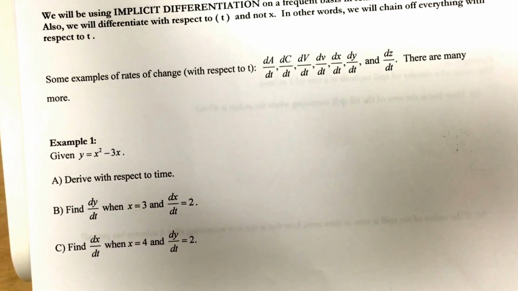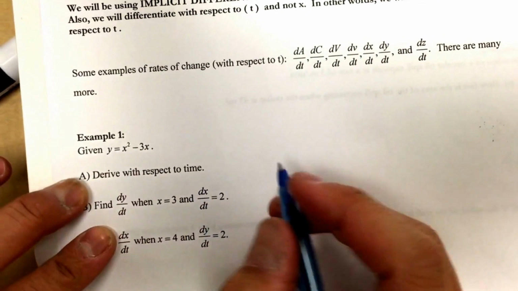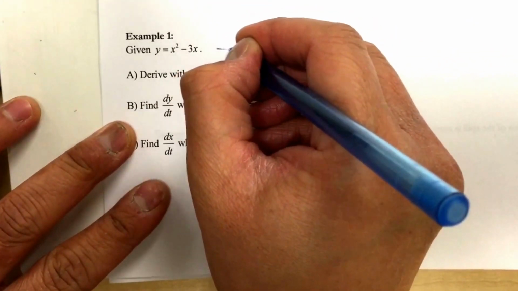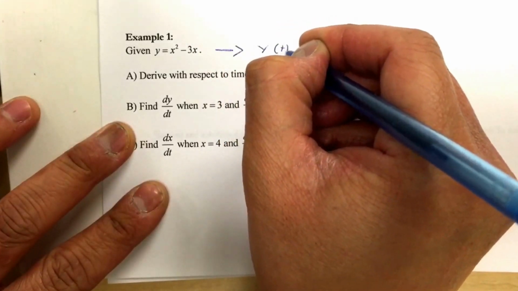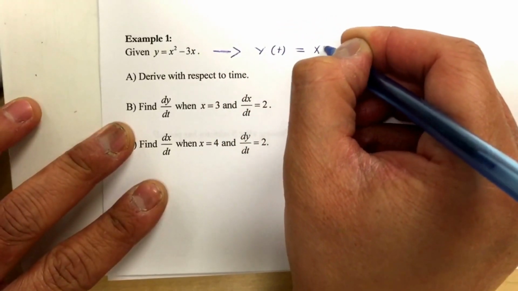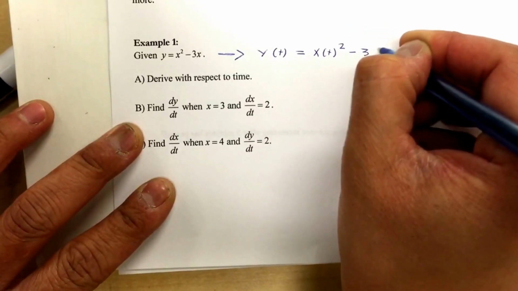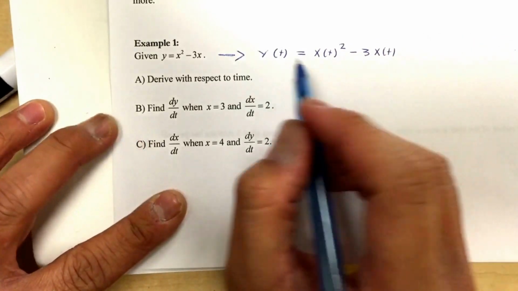The first thing they ask us to do is differentiate this function with respect to time. It might be helpful to write it like this. These are functions of time now, guys.